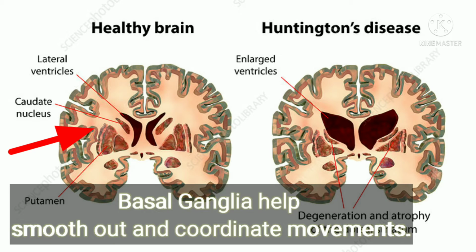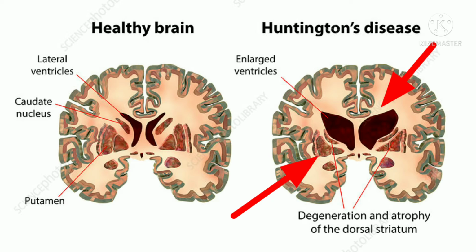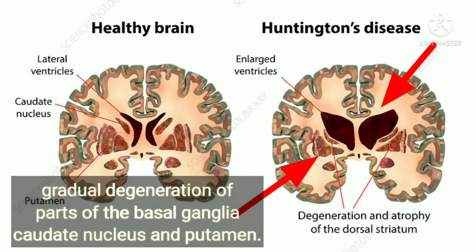If we see the healthy brain here, the basal ganglia, we all know, helps in smoothing, coordination and fine tuning of movements. It helps in planning and programming of movement. If there is enlargement of the lateral ventricles, this will compress and degenerate the basal ganglia, the dorsal striatum, and slowly and gradually there is degeneration of parts of the basal ganglia, especially the caudate nucleus and putamen.